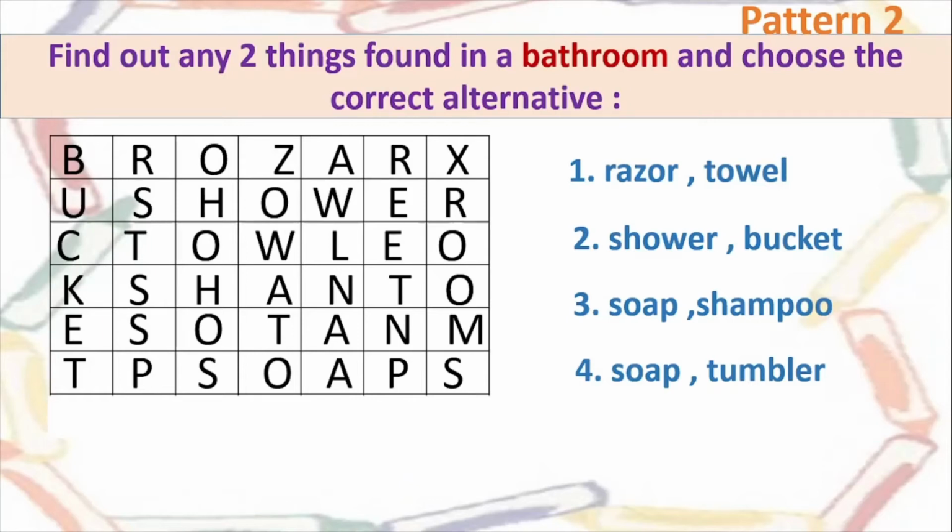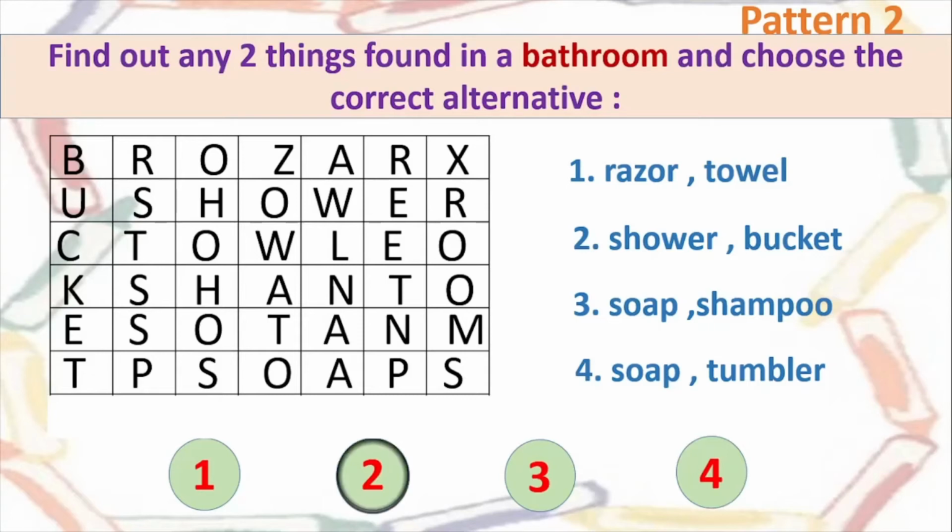For example, if I say one, then I should find the word razor as well as the word towel here. Just finding razor will not do. Okay, so let's see which one of these options will you find in the grid. So it will be option number 2, shower and bucket you will find here.